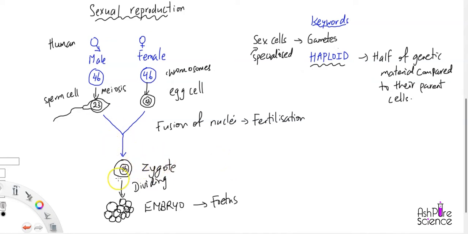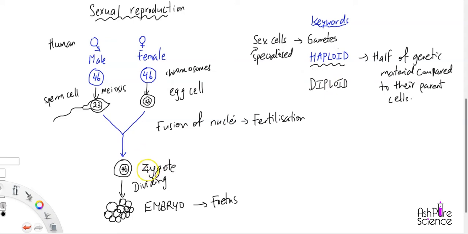And this zygote, what's interesting, you can see, has 46 chromosomes. By the way, since gametes are described as haploid, the cells having two sets of chromosomes, whether it's the body cell or the zygote, are described as diploid. All right? Diploid.